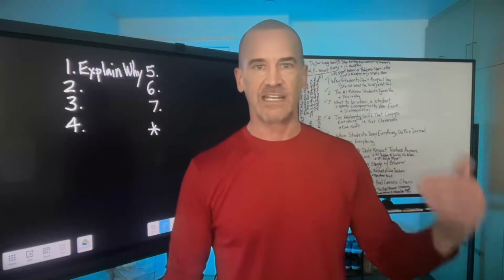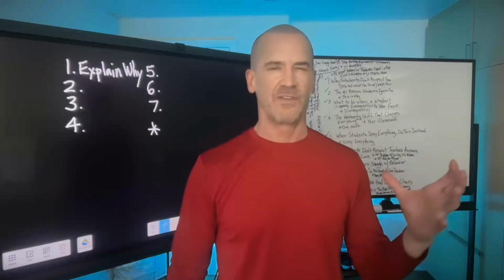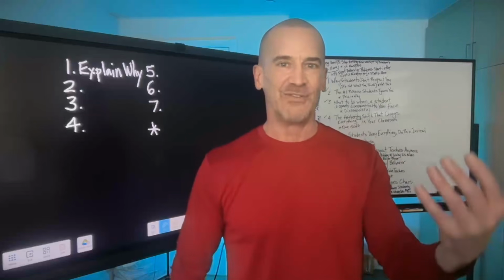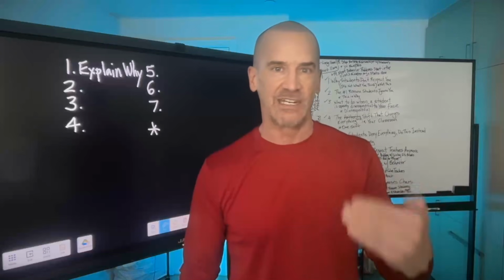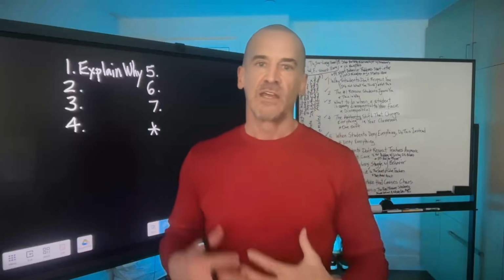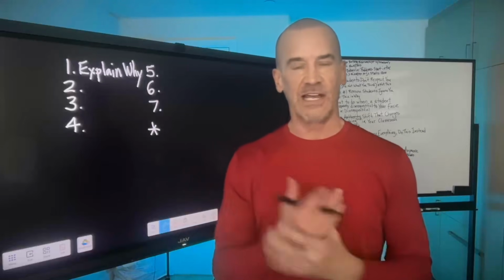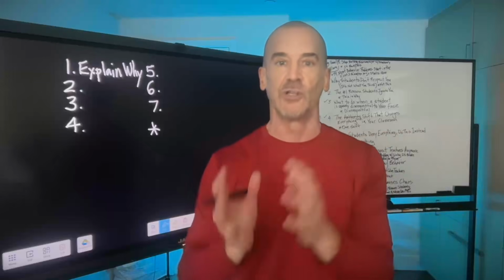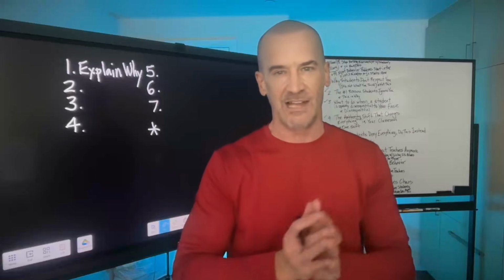It's when you don't explain why, when you sort of have this attitude of my way or the highway, that you get into a lot of trouble, that you get into a lot of pushback. For our purposes and at Smart Classroom Management, the why is always to protect your right to learn and enjoy being in this classroom.